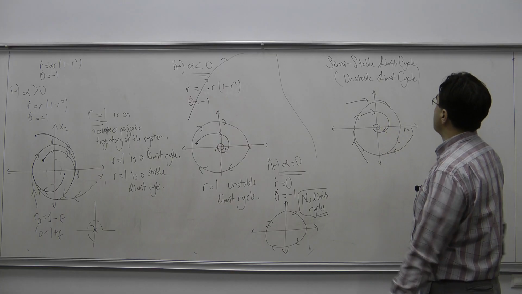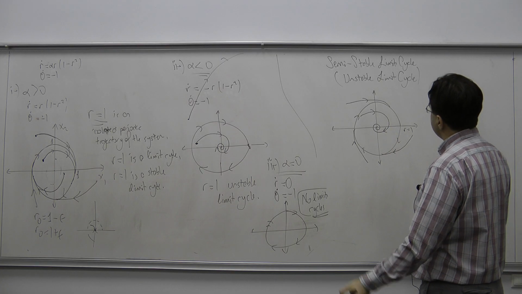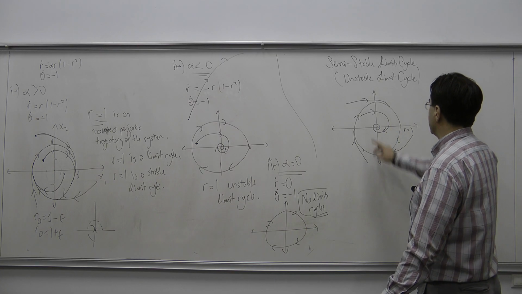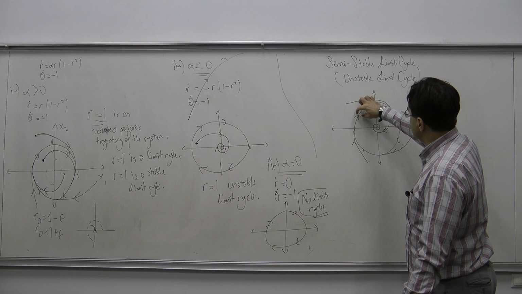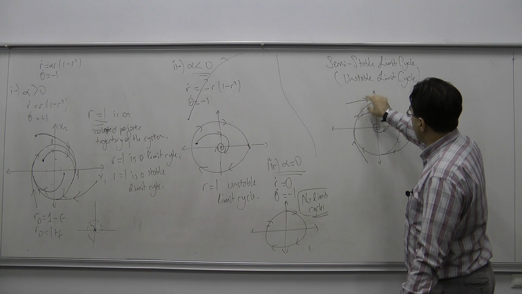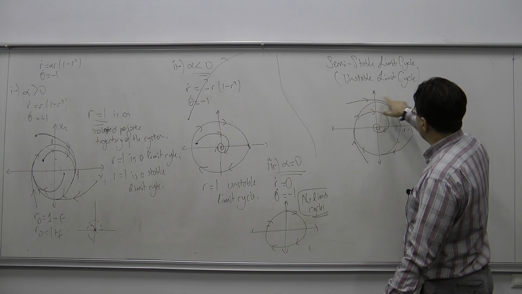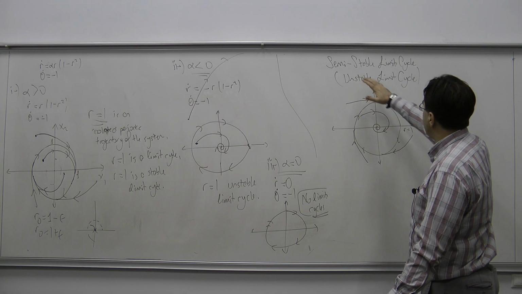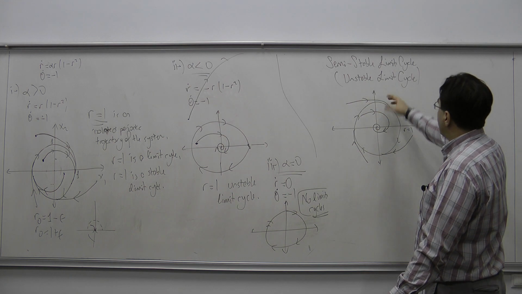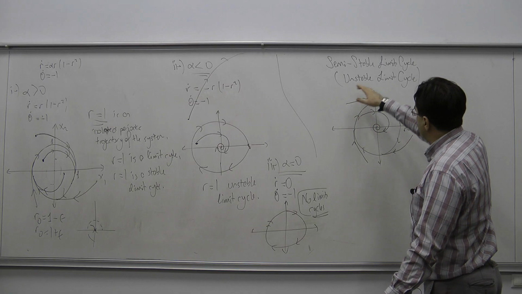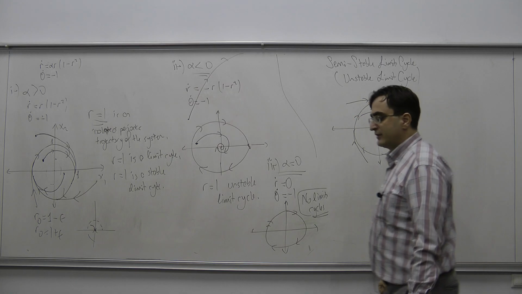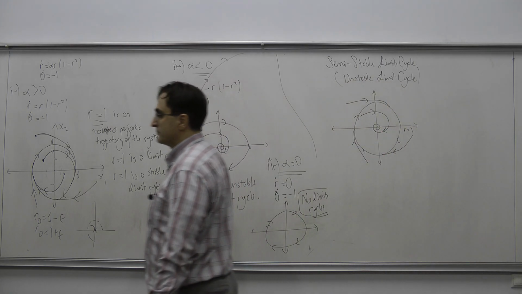This is called a semi-stable limit cycle, and it is an unstable type of limit cycle because there is at least one trajectory started in an infinitesimal neighborhood of that limit cycle which would diverge away from that limit cycle. That is why it is unstable. But the trajectories inside are diverging and trajectories outside are converging to the limit cycle. That is why it's called semi-stable sometimes.